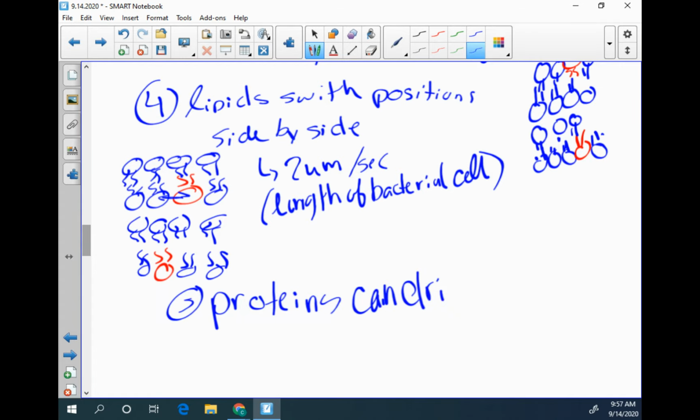It's much slower, and some are anchored in place by the cytoskeleton. But if there's not, it can move around and float throughout the surface of the cell. Odds are there's some sort of cytoskeletal element holding it in place, but it can move around just a little bit.